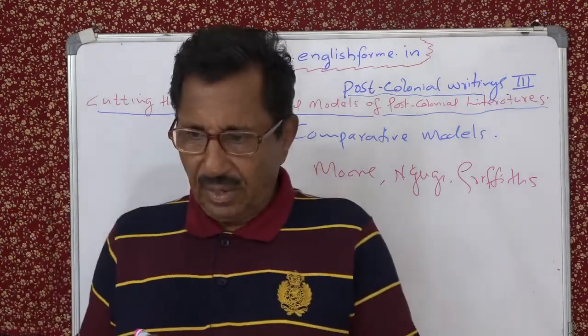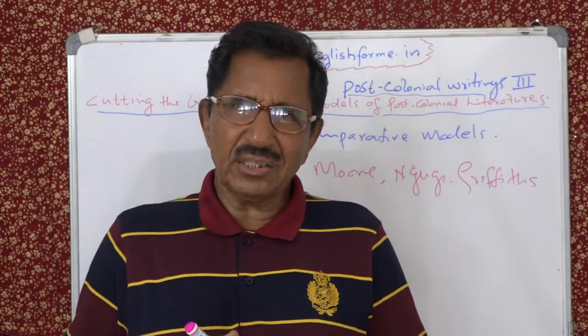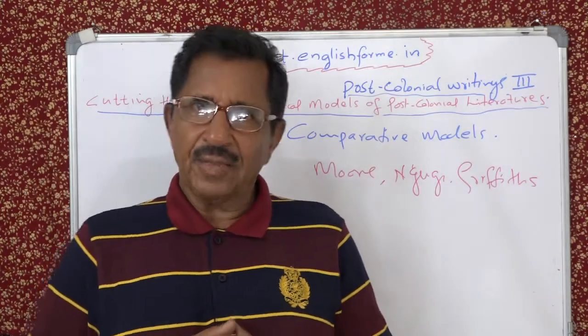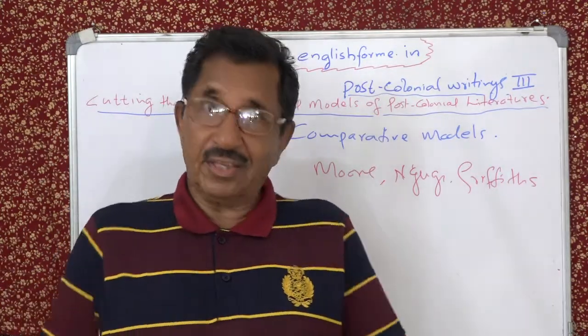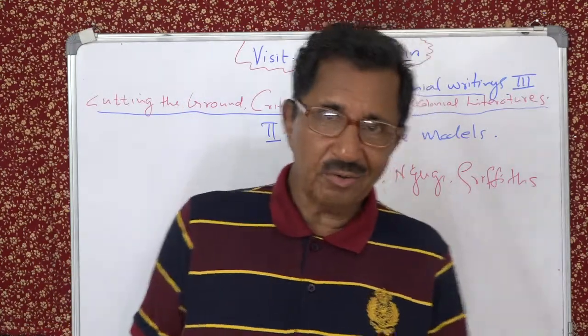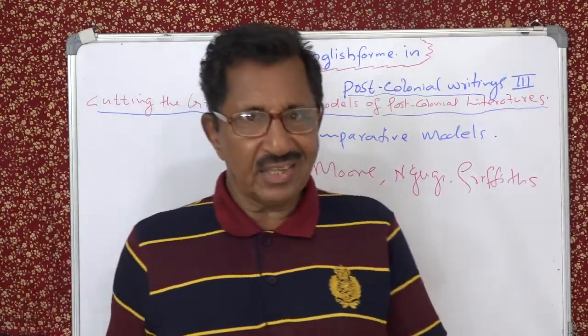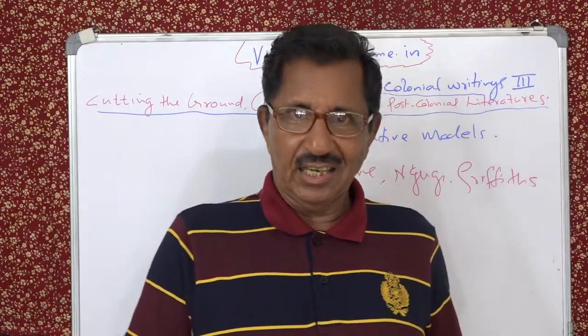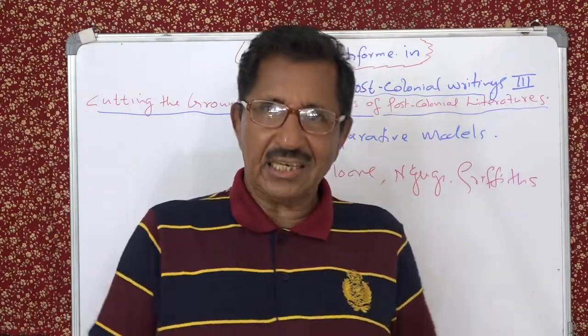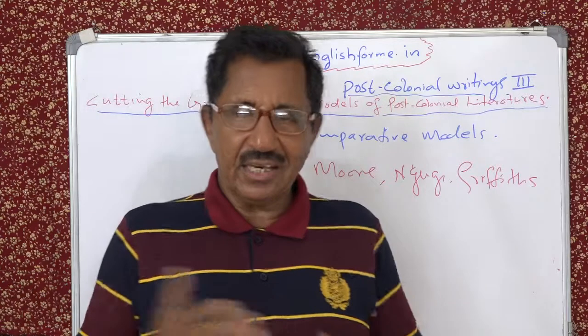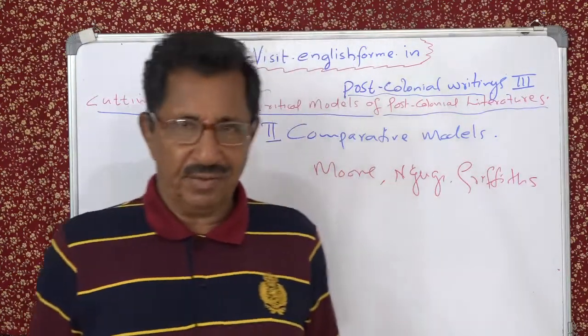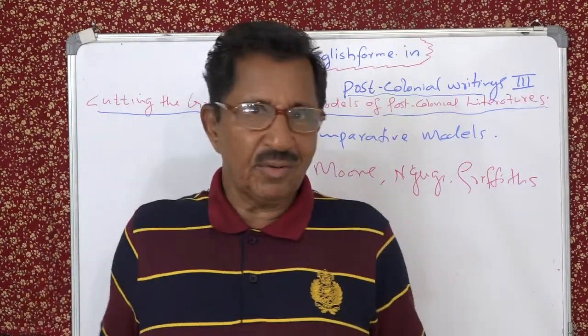So these are the people. What they did was comparatively simple, in the sense that they compared African literature with black writing in the USA, African literature with West Indies writings, and West Indies writings with the African countries, and also South African countries.